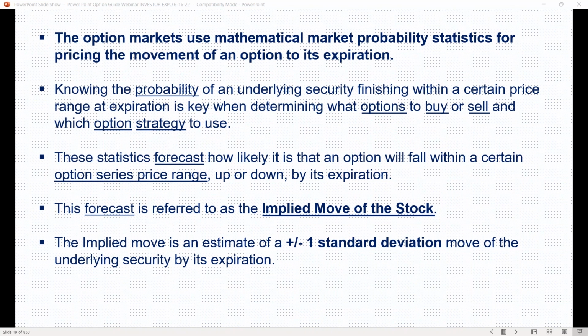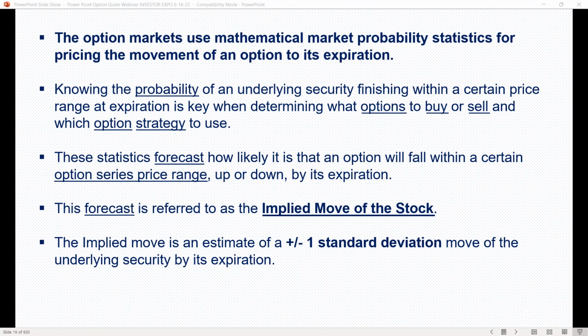So the option markets use mathematical market probability statistics for pricing the movement of an option to its expiration. Knowing the probability of your underlying security or stock finishing within a certain price range at expiration becomes key to determining what options to buy or sell, and which option strategy you should use.